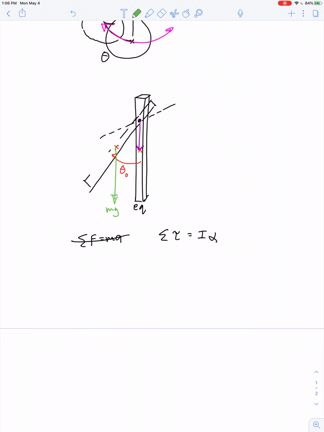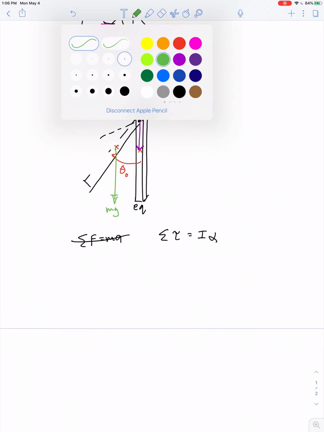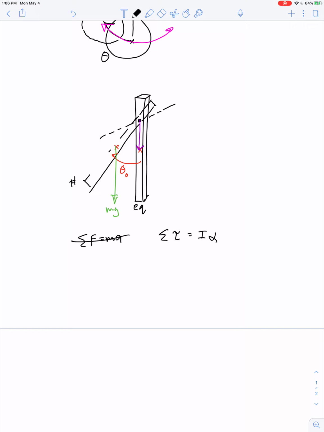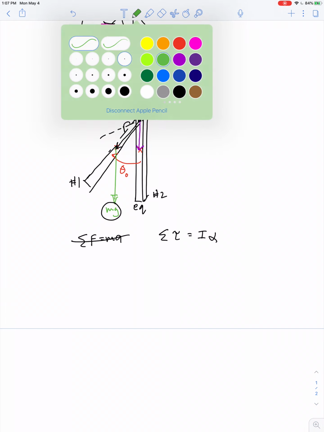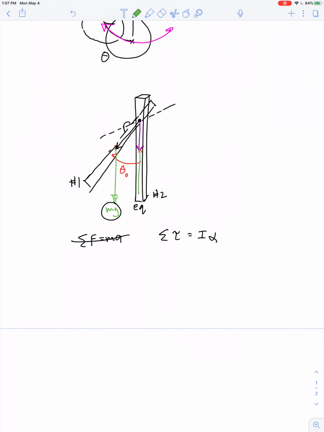And so in this case, when it's in orientation number 1, the point where you release it, and then moves to orientation number 2 when it goes to vertical. In orientation number 1, there is a torque because there's an angle between the lever arm and the force. However, in position number 2, the force and the lever arm align with each other, and so the torque equals 0 at that point.